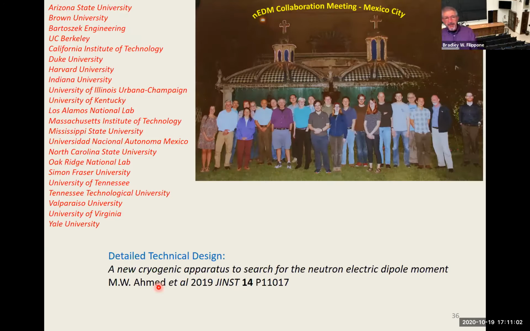It's a fairly big collaboration, something like 70 active members from a variety of institutions, universities and national laboratories. We recently published a detailed technical design of the experiment in the Journal of Instrumentation. We are now actively building the components for this experiment.